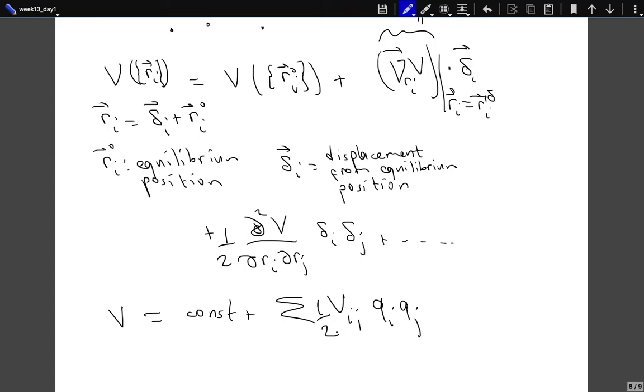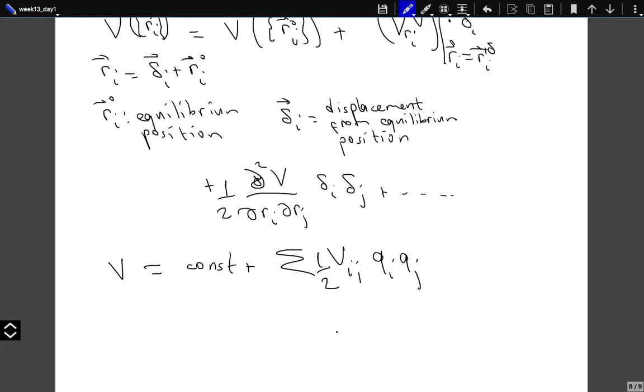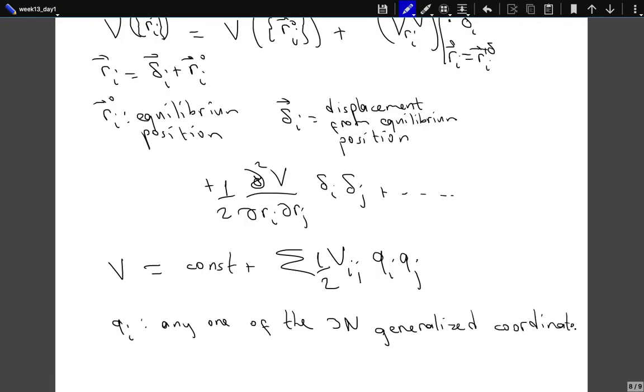This will be the potential of my system, summed over the 3N generalized coordinates. If we have N atoms, each one of them will have 3 different components, so that's why we have 3N coordinates.